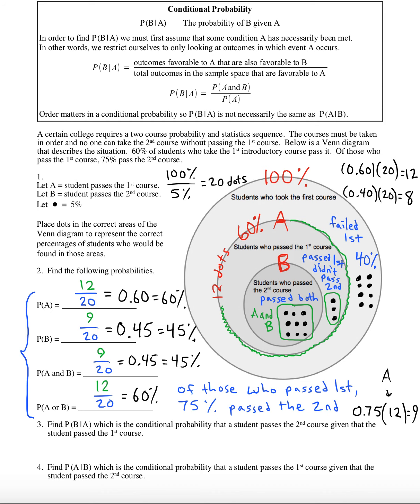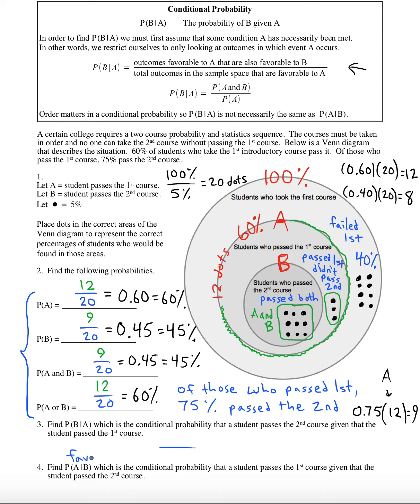Okay, cool. So now let's look at the conditional probability. There are 2 formulas for it. I'm going to start with this top formula first. If you want to find the probability of B given A from a diagram like this, you should divide those outcomes that are favorable to both A and B by those outcomes that are just favorable to the restriction A. So let's take that one step at a time here.